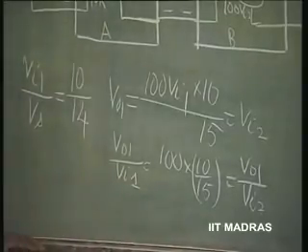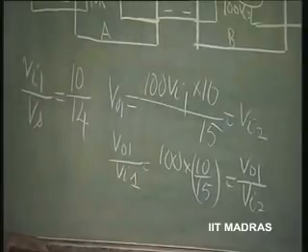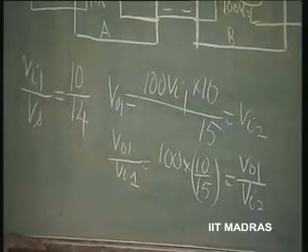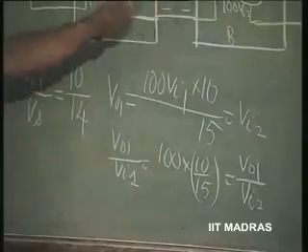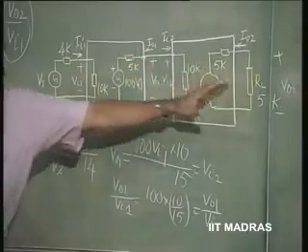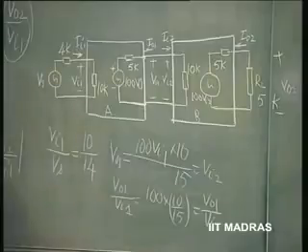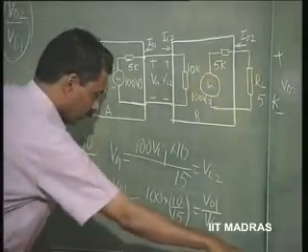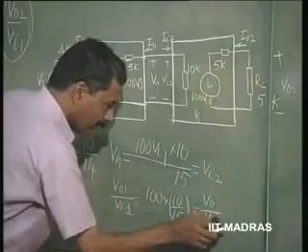Okay, so this is not yet over. We have only partially evaluated the gain from here to here. We have to come to this stage now. Just a minute, this is not correct.